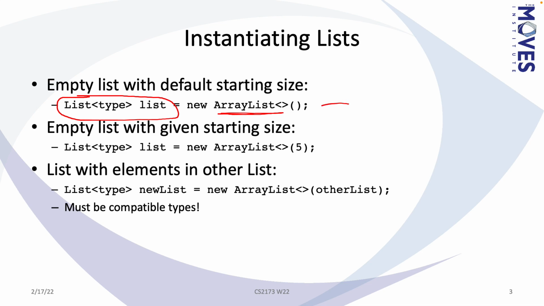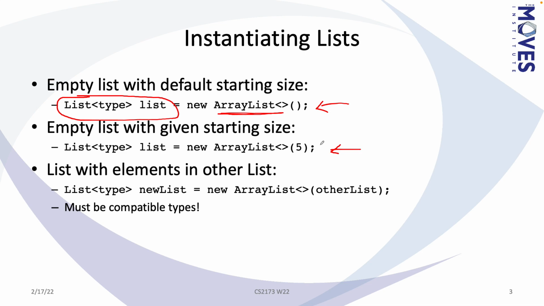Okay, so we've been using this constructor mostly, and this is the one that I mostly use. However, under the hood, with an array list, there's a given size that it starts with. So if I do it this way, I say, all right, I want to instantiate the array list, but I want to initialize the array under the hood to a size of 5.